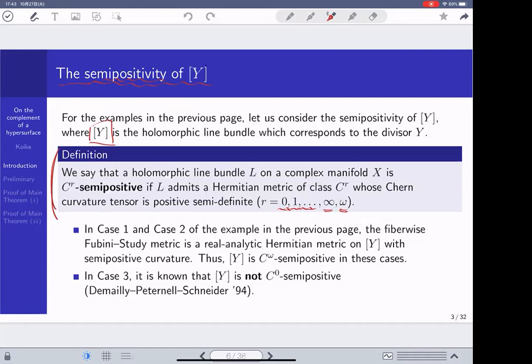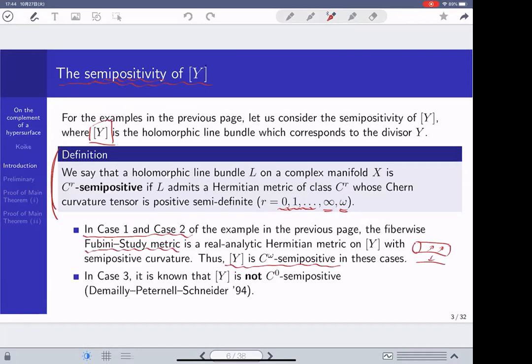In the previous examples, in case 1 and case 2, Y is C^omega semipositive, because the fiber-wise Fubini-Study metric is well defined and it defines a real analytic Hermitian metric on Y with semipositive curvature. Actually, in case 1 and case 2, the transition functions of the fiber coordinates of the ruled surface are represented by using unitary rotations. And the Fubini-Study metric is a unitary rotation invariant metric.